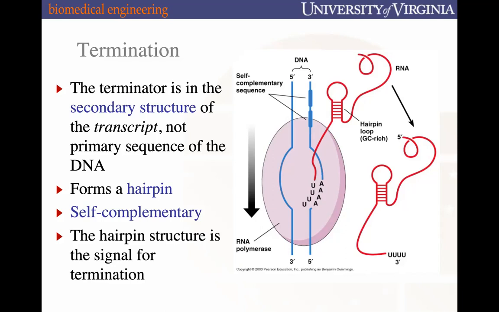The hairpin loop is a secondary structure that occurs as a result of the self-complementary regions in the terminator region. And this hairpin signal interacts biophysically with local ribosomes or intermediary proteins that can communicate with RNA polymerase II to halt transcription.